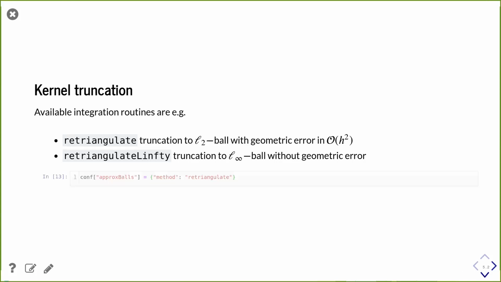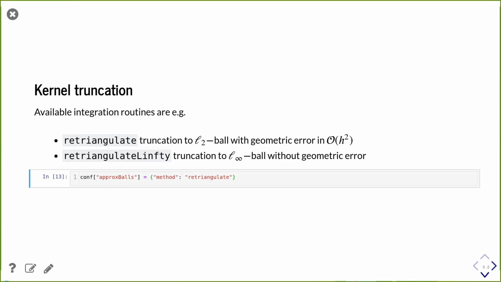Okay, so now what we set is, we set this method to retriangulate. So basically the configuration dictionary has to have an entry called approx balls. So that is the name of that entry, and then the method is here called retriangulate. So that is the L2 ball in this case. It's a very old name, but yeah, you know it now.